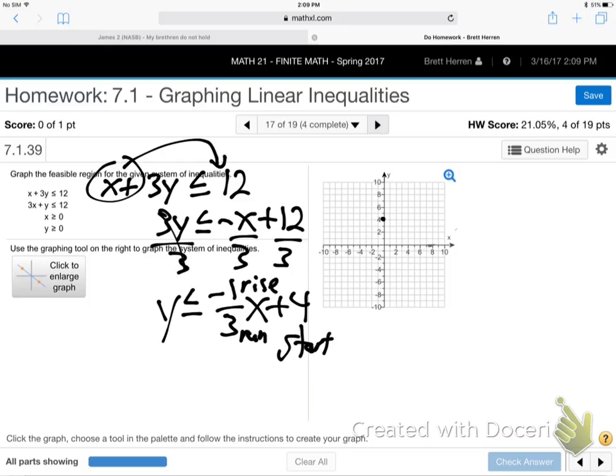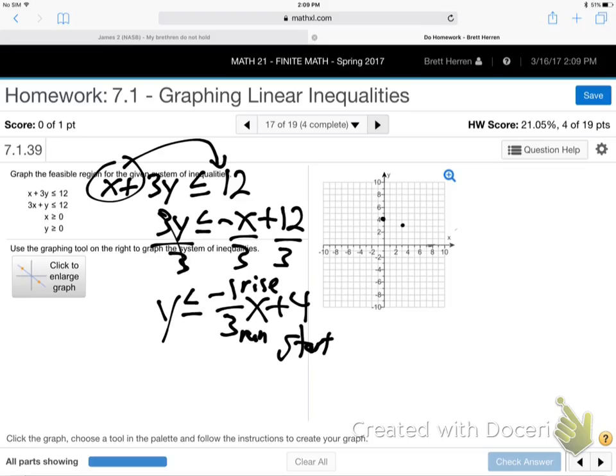Yeah, down 1 over 3. Isn't it right there? I kind of missed, it's kind of small. There. So here's my first dot at up 4, and then down 1 over 3. There's my second dot. And then we just connect the dots.